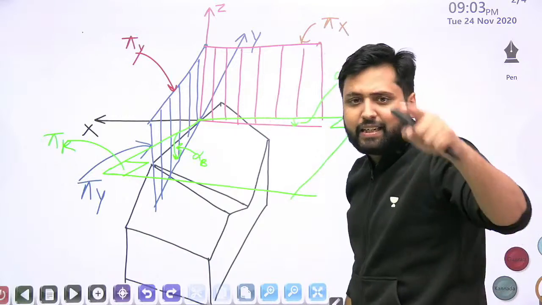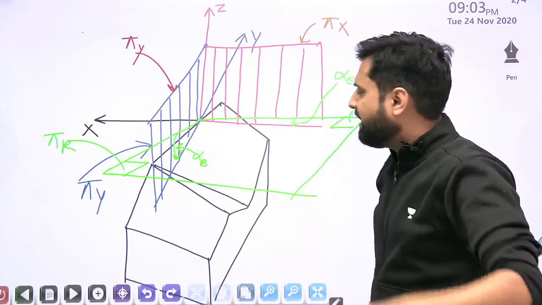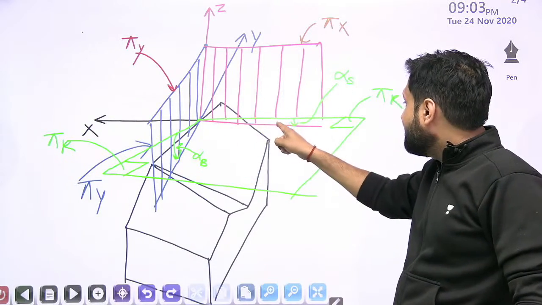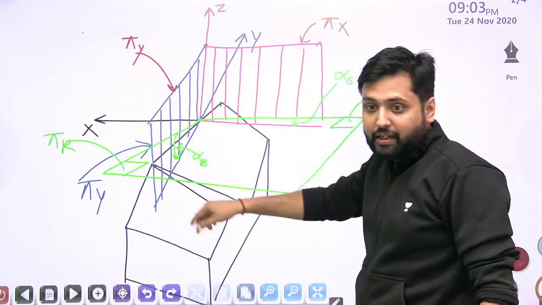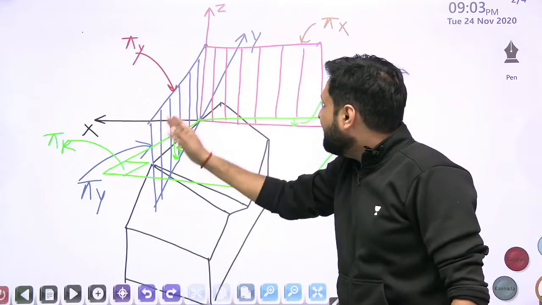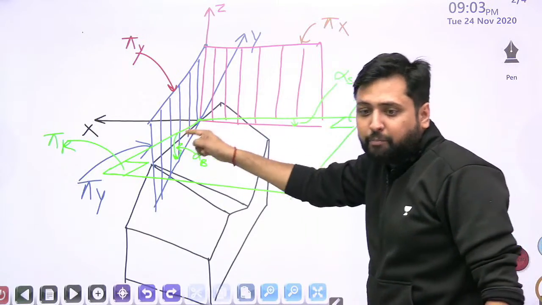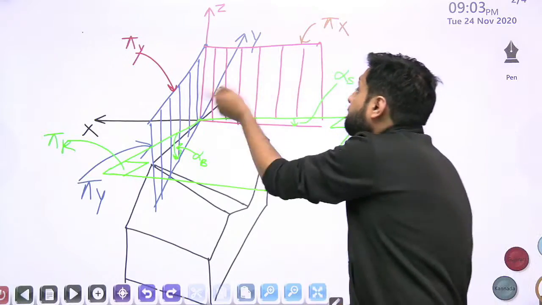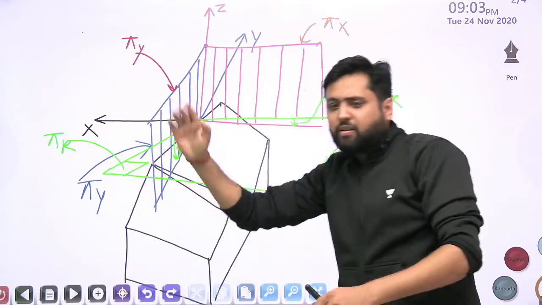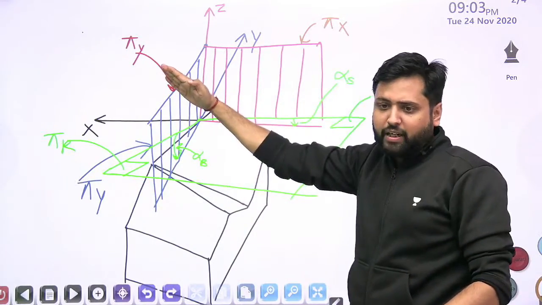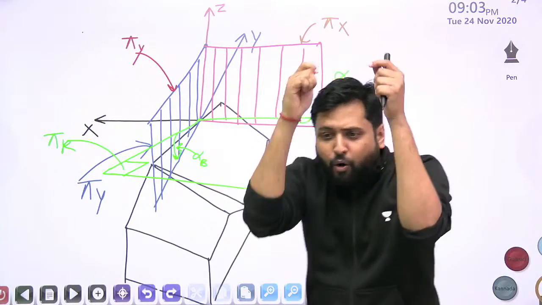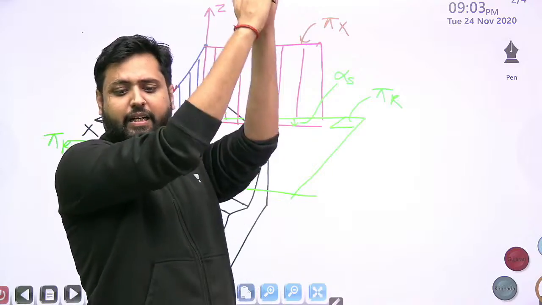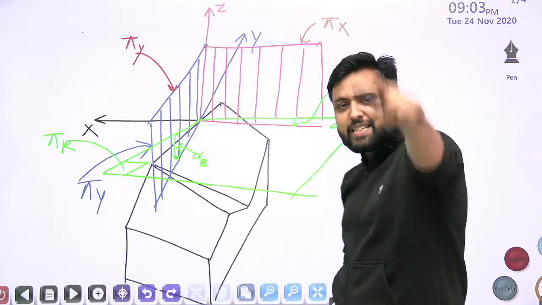The reason is, my dear student, the planes, this blue one and this red one, pi y and pi x, in which the back rake angle in pi y and the side rake angle in pi x are measured, are neither along the cutting edge nor perpendicular to the cutting edge. But the forces appear in the planes which are exactly along the cutting edge or perpendicular to it.